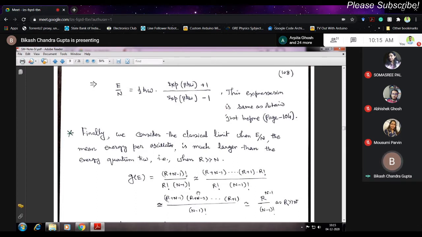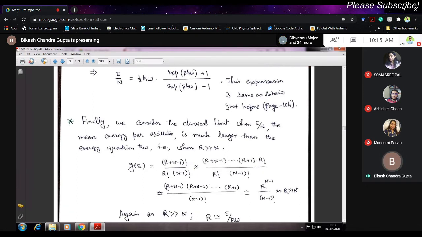and of course, you can write it in this form, r plus n minus 1 factorial over r factorial, n minus 1 factorial; this and this cancel. So basically we'll have it like this. And since your r is much greater than n, you can neglect this compared to r.